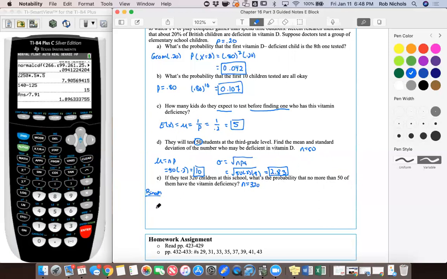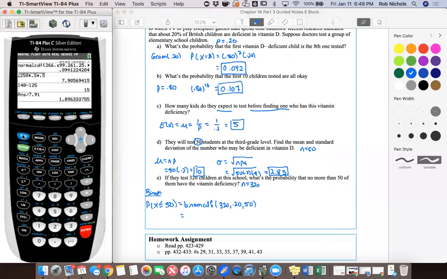We want no more than 50, so we want the probability that x is less than or equal to 50. On the calculator, this is simply going to be the binomial CDF of n 320, probability of having it 0.20, and we want less than or equal to 50.